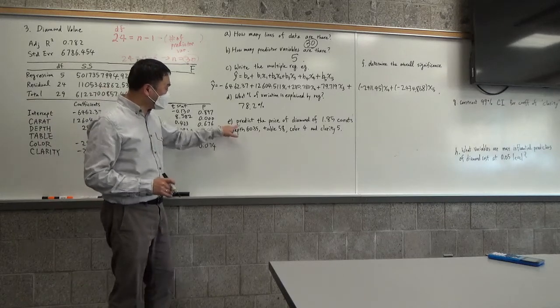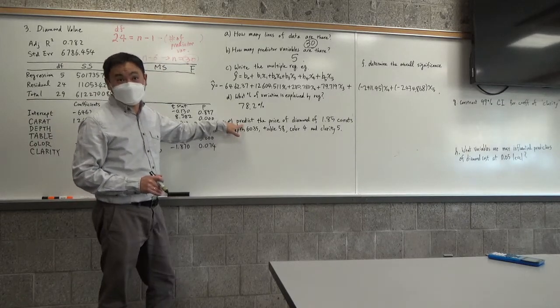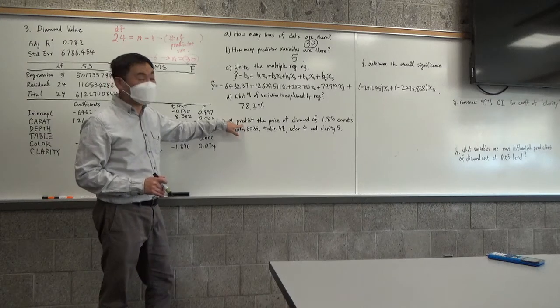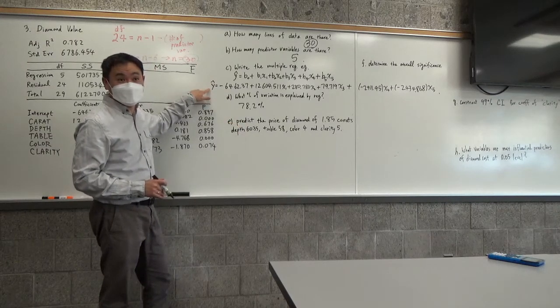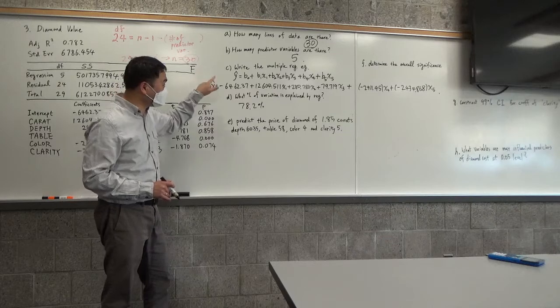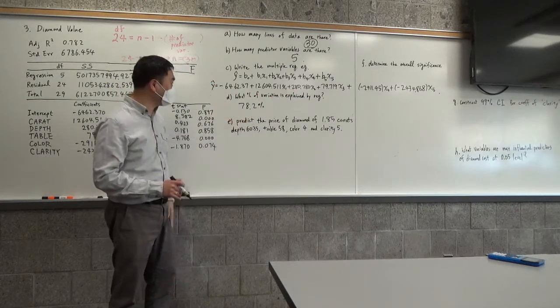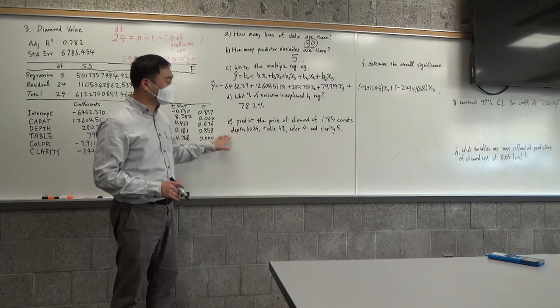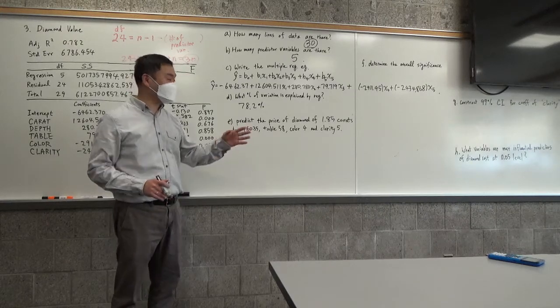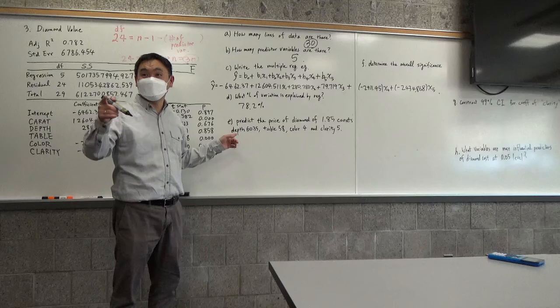Because this one says predict, what are you looking for? You're looking for y hat, and because of that, you must be using this equation. You actually have to punch this into your calculator, and it's just too time consuming, so I asked a few people to actually do it for me. Did you get an answer?